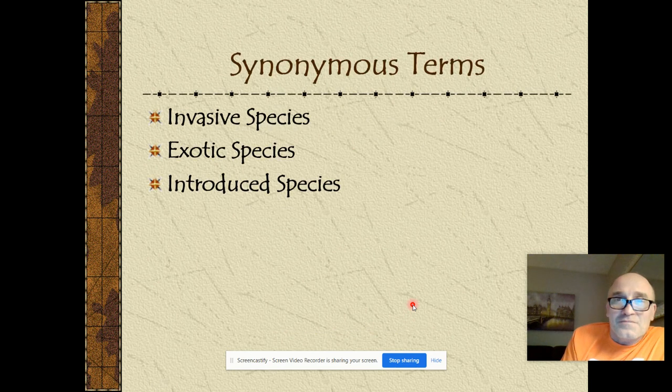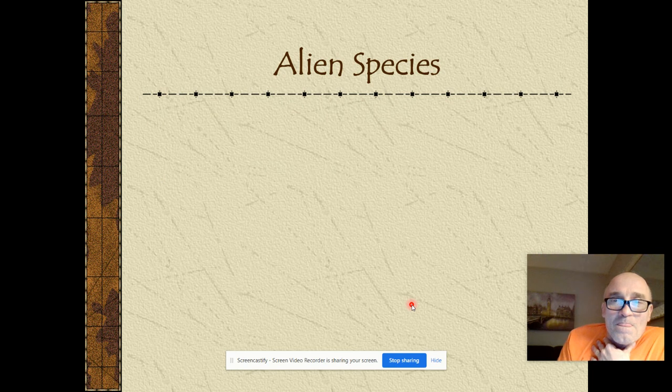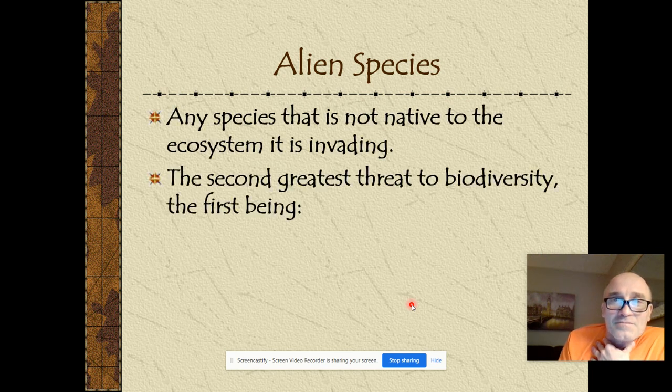All right. So these are some terms I just wanted you to know. If you ever hear these different terms, invasive species, exotic species, introduced species, alien species, there are tiny differences, but essentially they're referring to the same thing. So what is it?